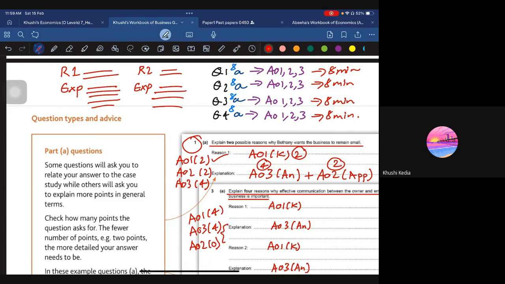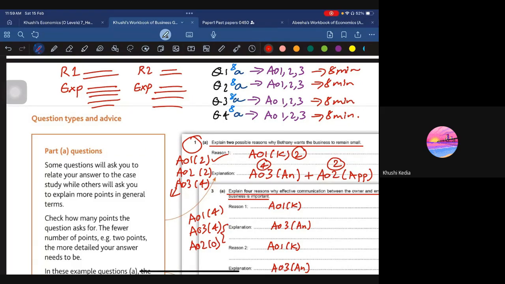Then they usually use the words: award a maximum of 3 additional marks for each explanation, one of which must be applied to context.